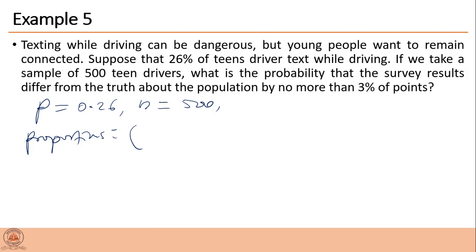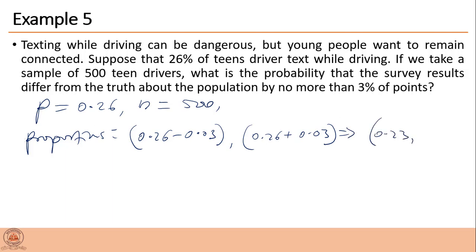The lower proportion is going to be 0.26 minus 0.03, and the upper is going to be 0.26 plus 0.03. So that will be 0.23 and then 0.29. So this will define the limits or the boundaries for us to use in the normal case.